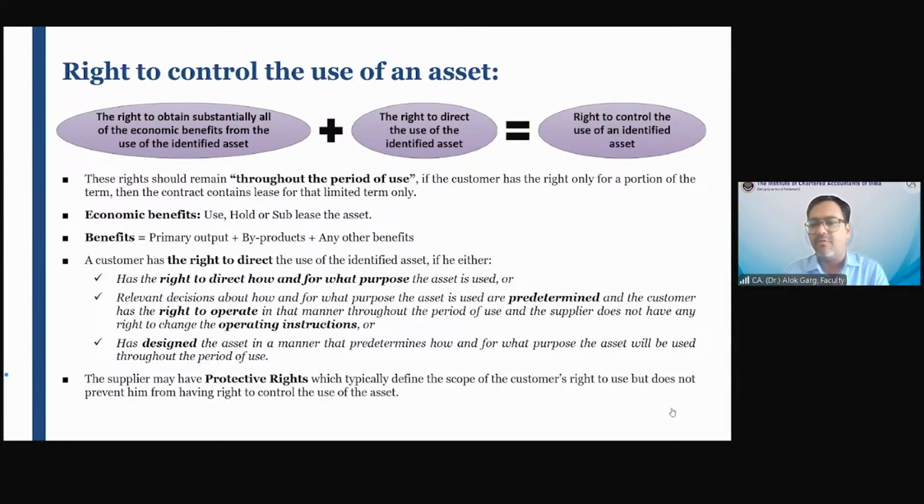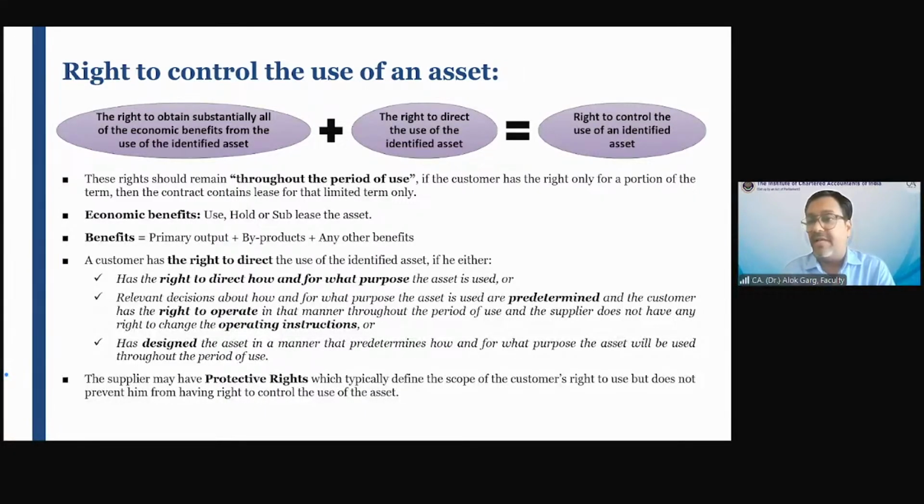In that case, what happened? If the instructions which you are giving are protective in nature, then you cannot say that the lessor has a right to direct the use of an asset.